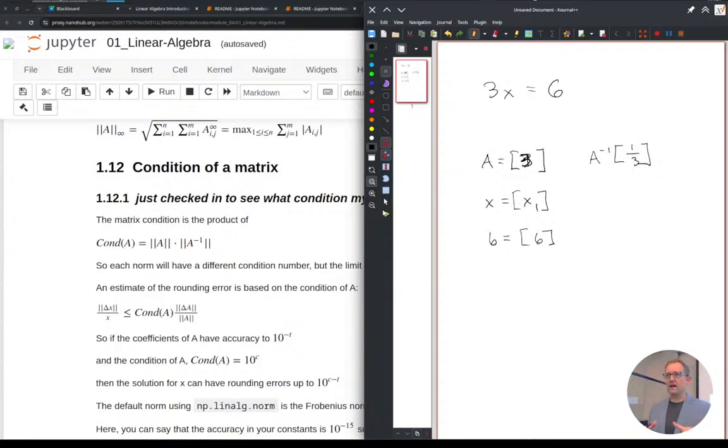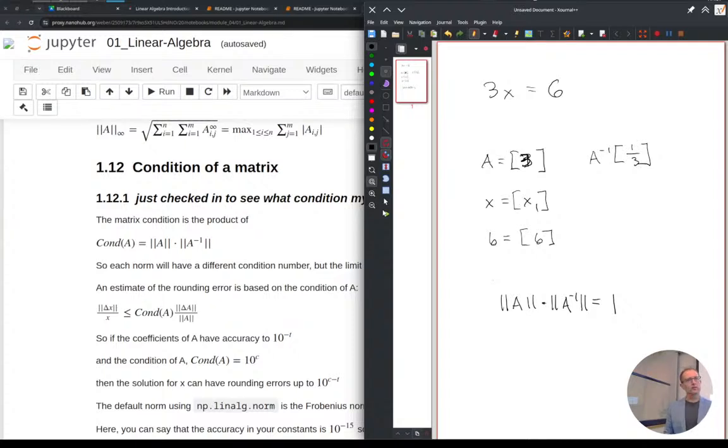So when I'm thinking about the condition of this matrix, however I want to describe the magnitude of that matrix, the norm of it, for 1 by 1 it's always going to be 1. So when you're solving one linear equation, it's always well conditioned. It's always a very easy problem to solve. So conditioning is akin to how easily it's solved.